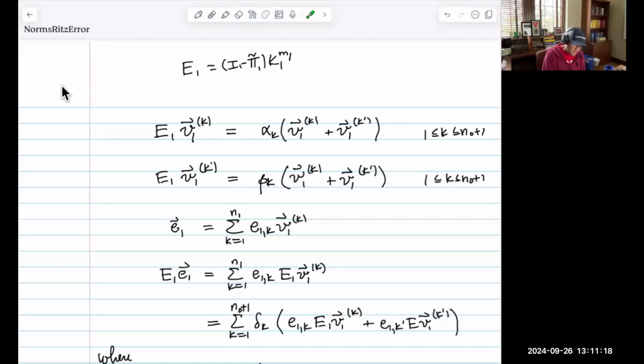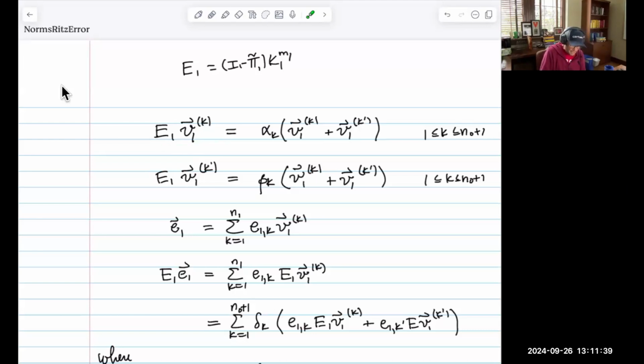All right, so a similar sort of scenario unfolds whenever we multiply this E matrix times a mode from either the high frequency range or the low frequency range. So let's start with the low frequency range.